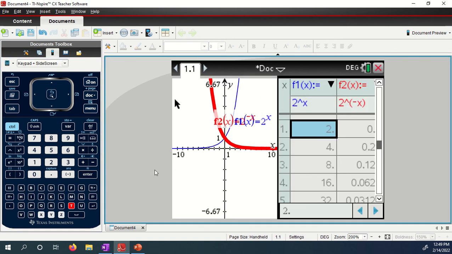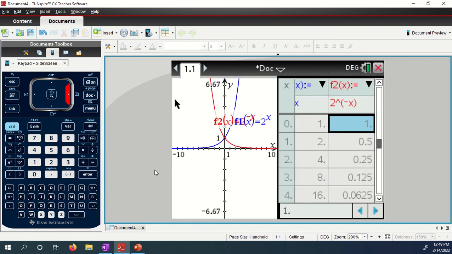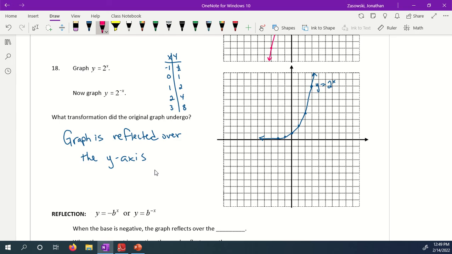And then when we go to table, so we talked about these 2, 4, 8. So if we go the other way, now we're going, so it's -3, 8. Just making the x negative. All right. So -3, 8, -2, 4, -1, 2, 0, 1, 1, 1/2. See, we're just changing these x's and making them negative.